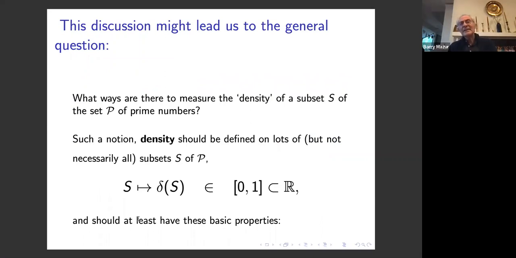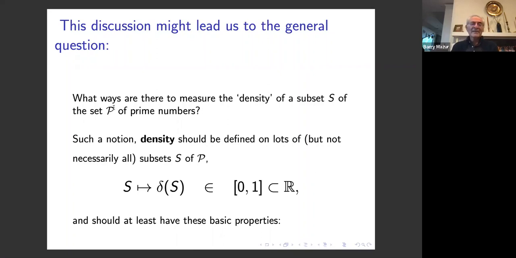So this discussion might lead us to this general question. What ways are there to measure the density of a subset S of the set, I'm going to call it script P, of prime numbers?